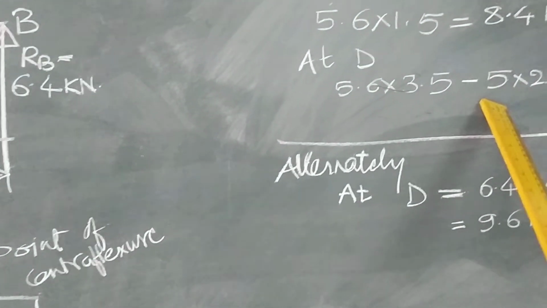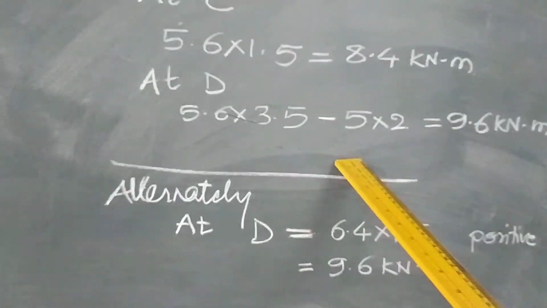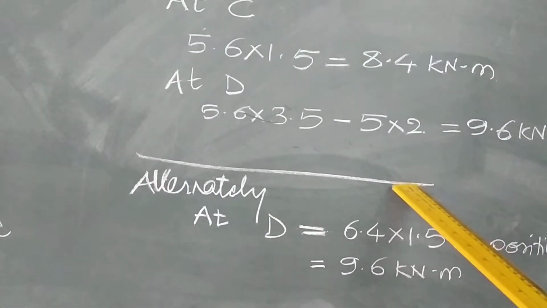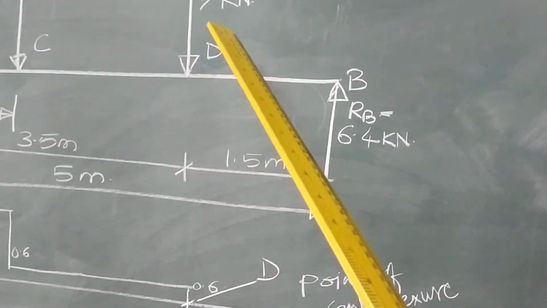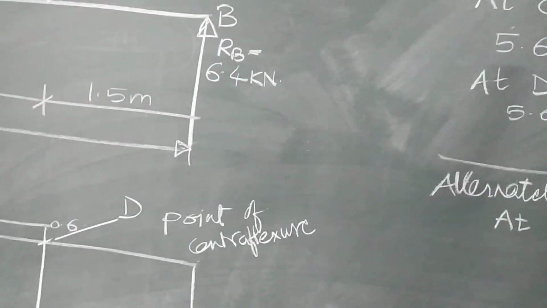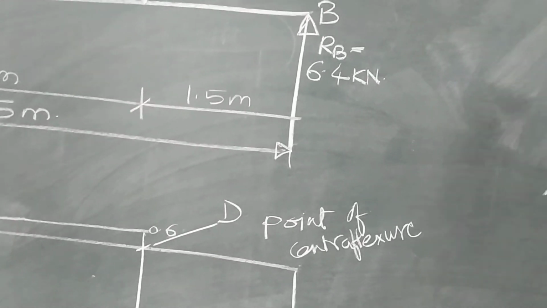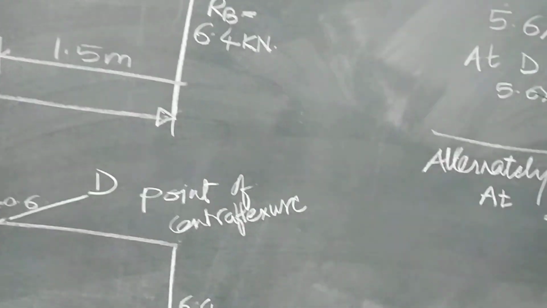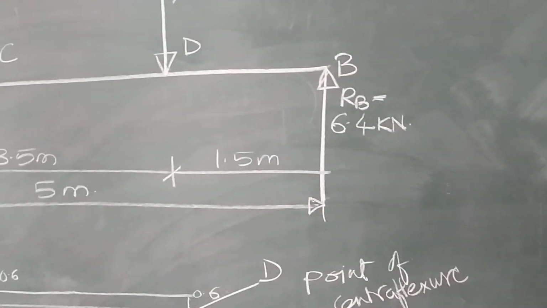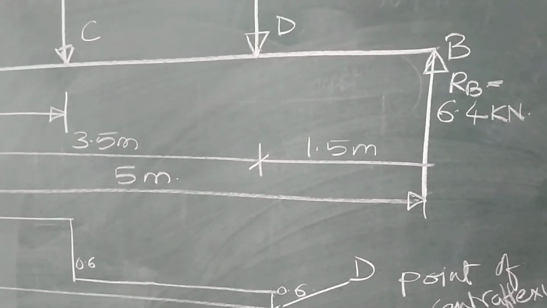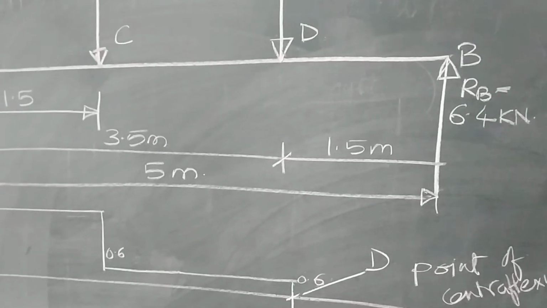So, it is minus. That is why we have put the minus sign. Please recall the definition. I have put "or" in another color chalk, because you have to take bending moment from one side only.